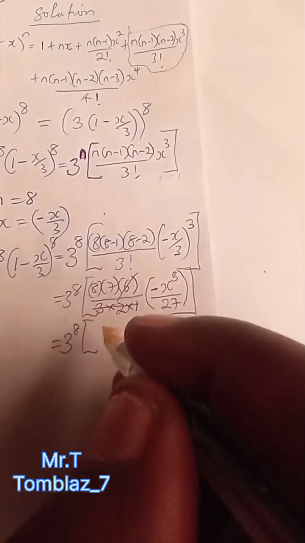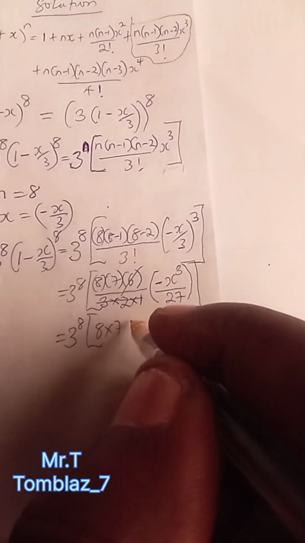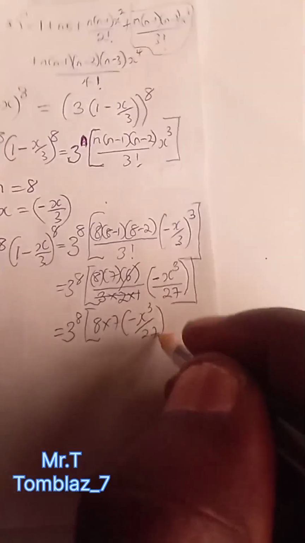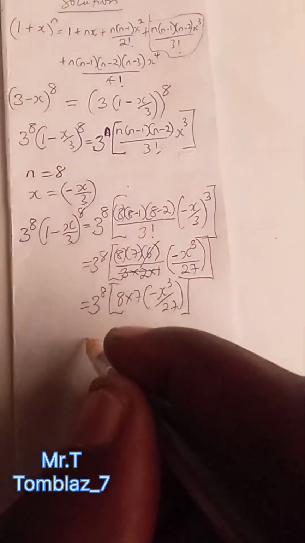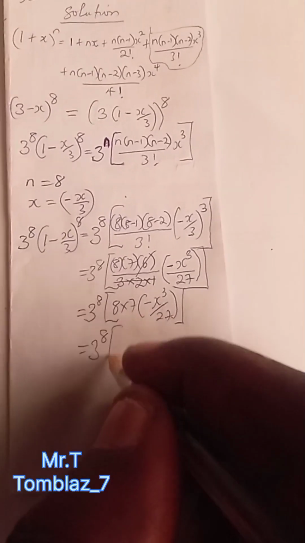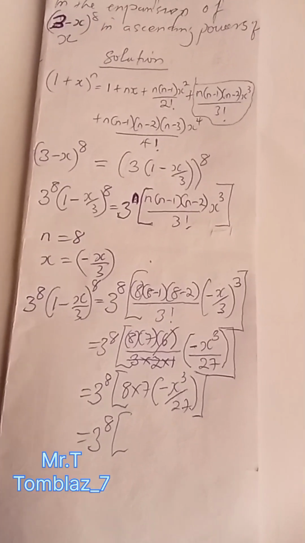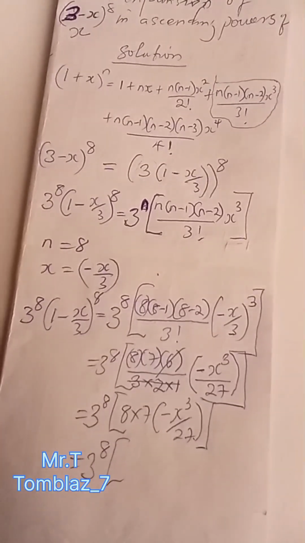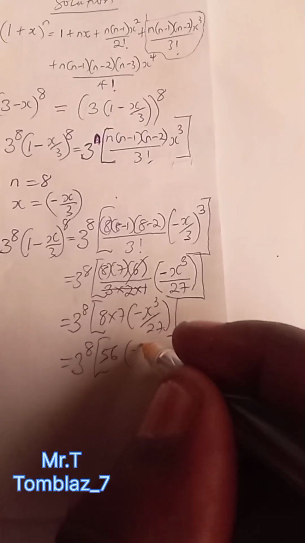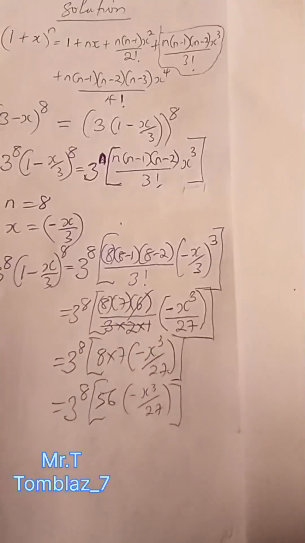So we're going to be having 8 times 7, then minus x raised to the power 3 divided by 27, close the bracket. So this is going to be 3 raised to the power of 8 into 8 times 7, so we have 56. 56 into minus x raised to the power 3 all over 27, right?